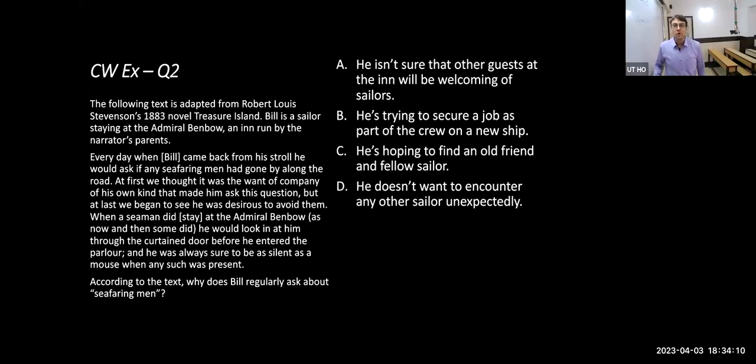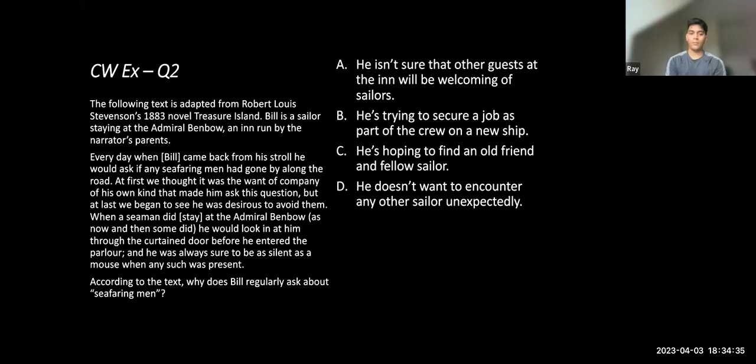Okay, let's see. C will not be the answer: he's hoping to find an old friend and a fellow sailor. So why would somebody want to ignore or avoid? C is not the answer. Let's look at the others. B: he's trying to secure a job. There's no reference around that.